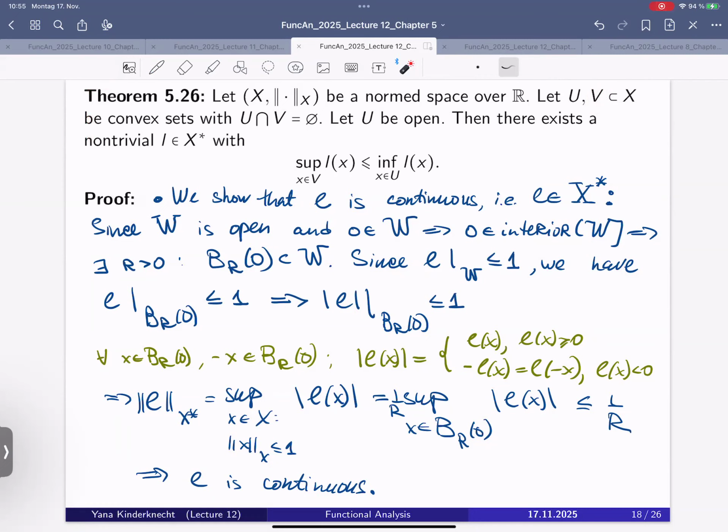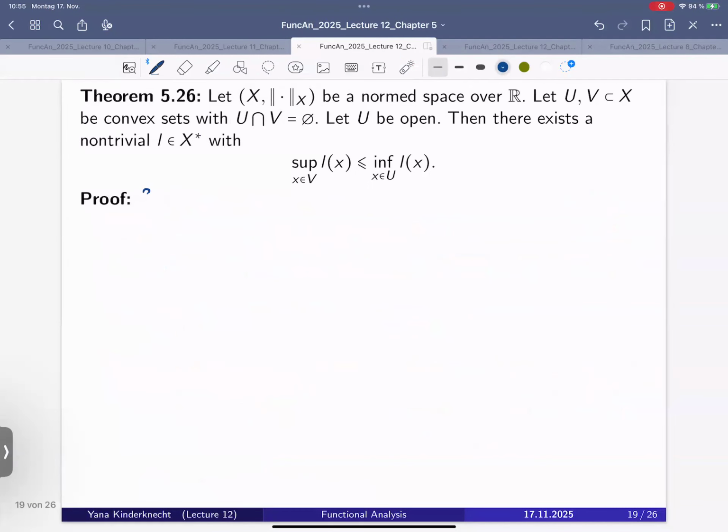Agree? Agree. So now we consider step 2, the general case. Consider the set W tilde, which is given by U minus V. What is it?